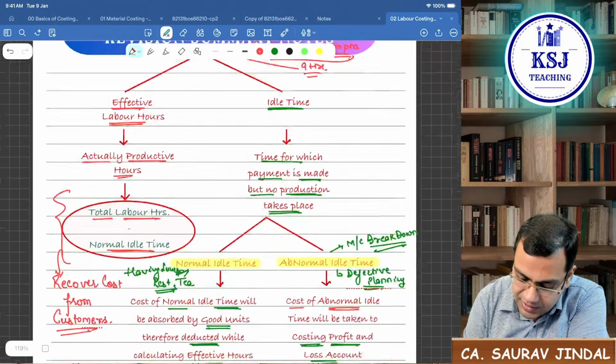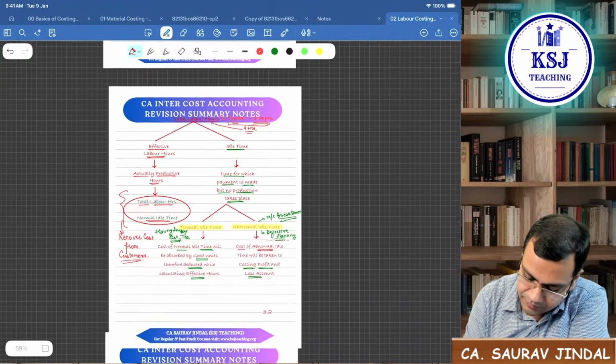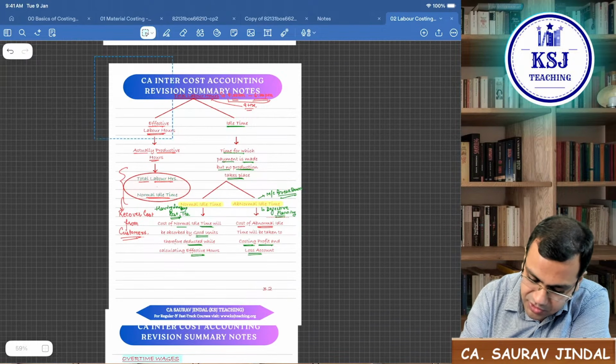Okay, so first let me know if this much part is clear to you people. Please let me know if this much part is clear, guys.